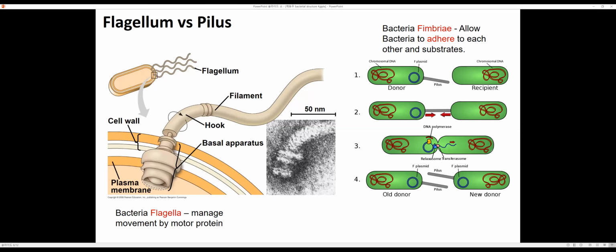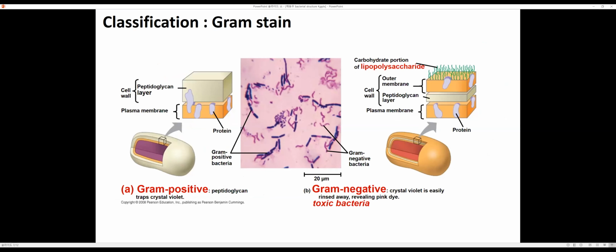Okay, other questions? Okay, if not, let me point out here. Now you see, this is a peptidoglycan layer. This is gram-positive staining, gram-positive bacteria. And then inside here, this is a plasma membrane. Now, gram-negative bacteria have one membrane inside, another membrane outside, and in between there's a thinner peptidoglycan layer.